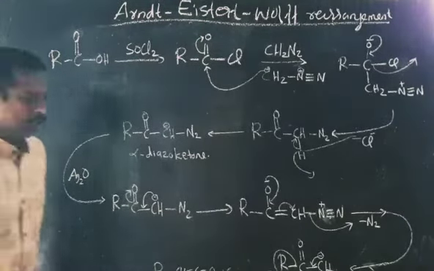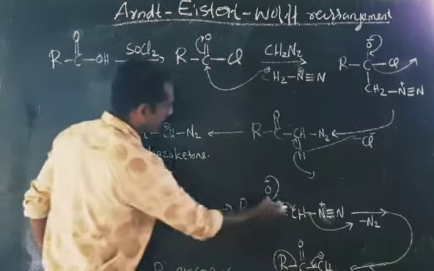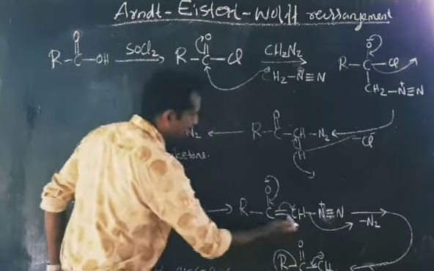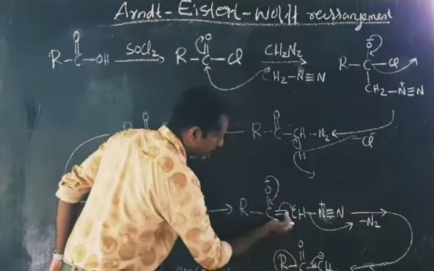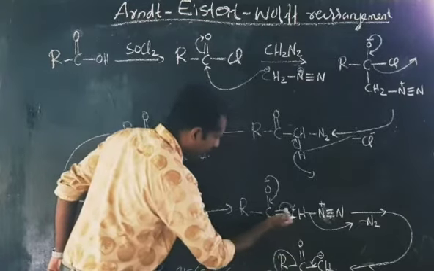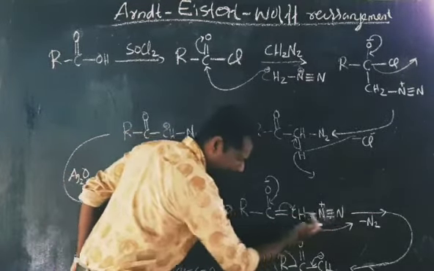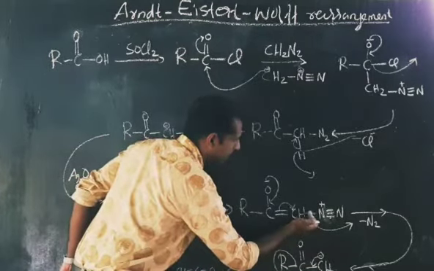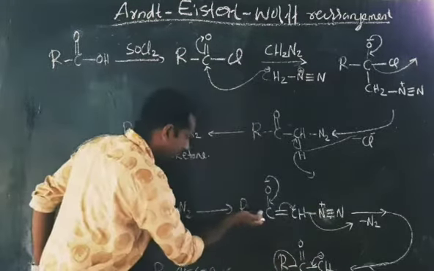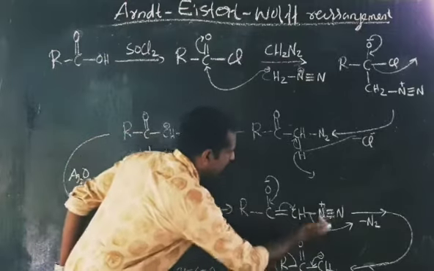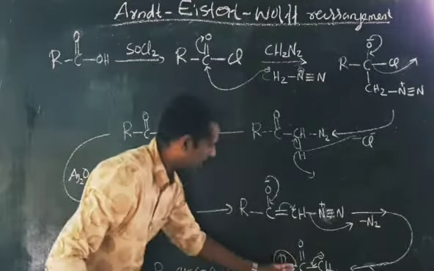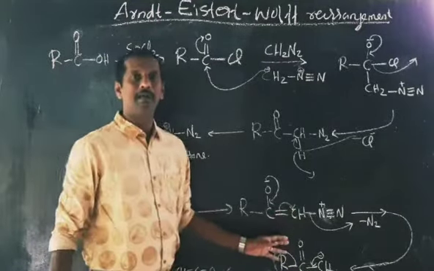This is a concerted mechanism. What do you mean by a concerted mechanism? These two are happening together. When the nitrogen atom is removed, at the same moment the R is attacking this carbon. That means it is a single step mechanism.